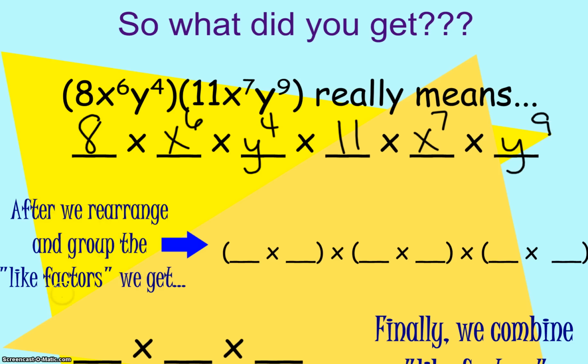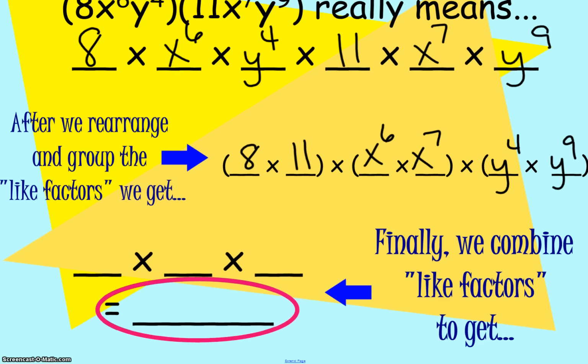After we arrange the groups like factors, we get 8 times 11, x to the sixth times x to the seventh, and then we have y to the fourth times y to the ninth. Finally, we combine like factors, so we have 8 times 11 is 88. X to the 6th times x to the 7th really is x to the 13th because we add our exponents together.